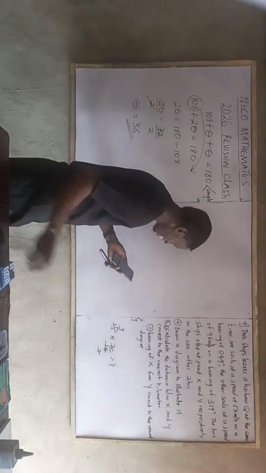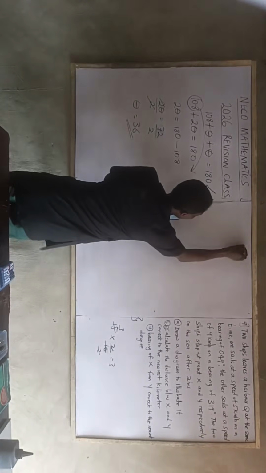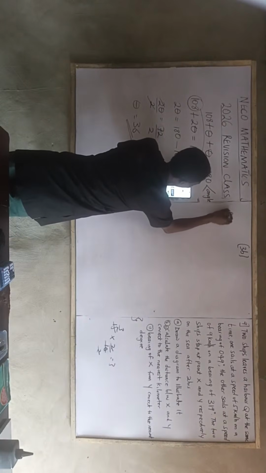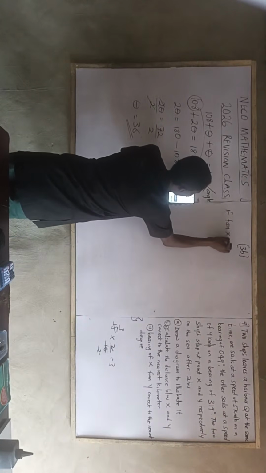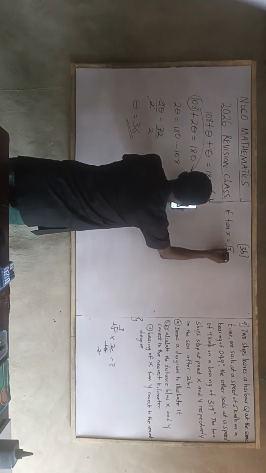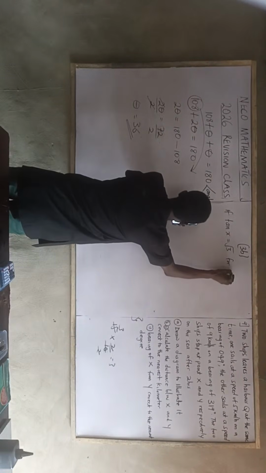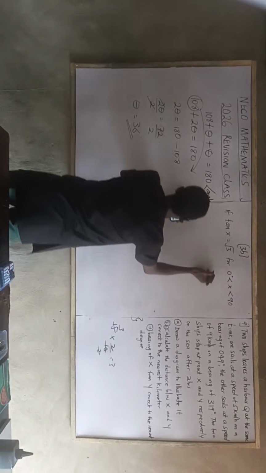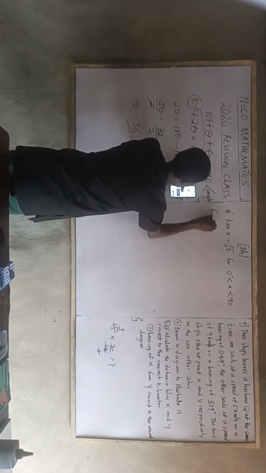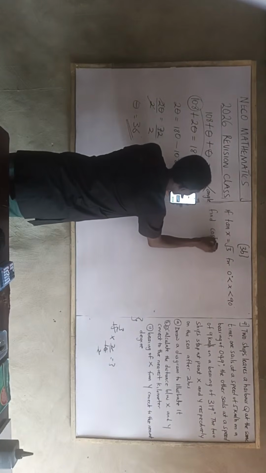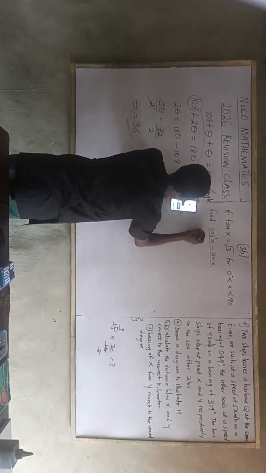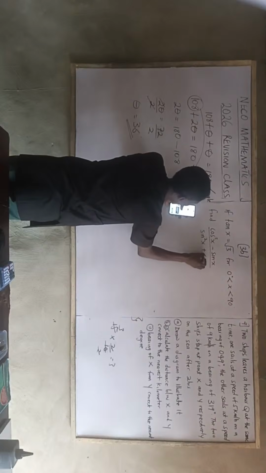Now the next question is on trigonometry. 3B, on trigonometry, it says if tan x equals root 3, for 0 degrees less than x less than 90 degrees, we have to find cos square x minus sine x over sine square x plus cos x.